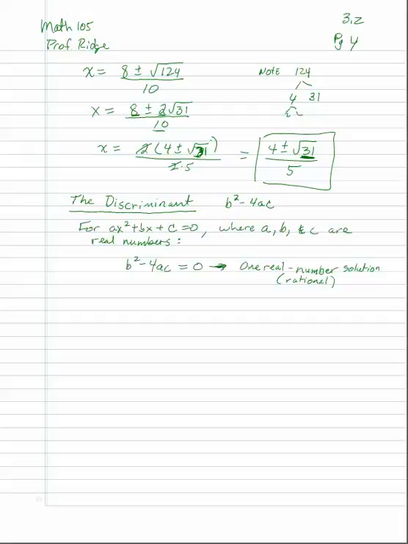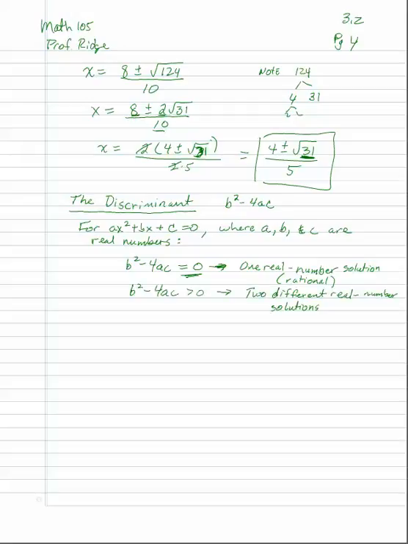Okay, so the discriminant, b squared minus 4ac, again, that's the discriminant. If it's equal to 0, you're going to get one real number solution. And just a little more information, it's going to be a rational number. So it's going to be something nice. It's going to be a fraction or a whole number, but it's no square root. The square root goes away, because square root of 0 is 0.